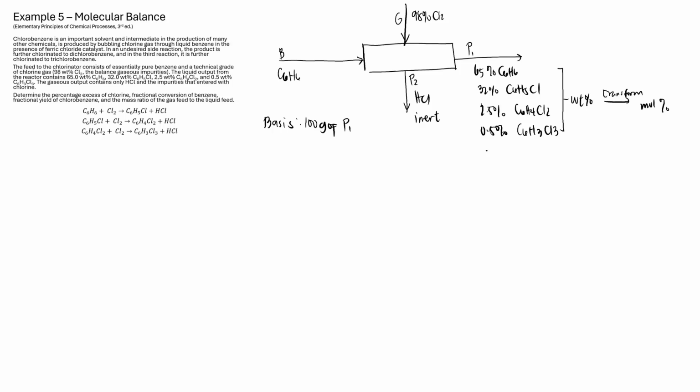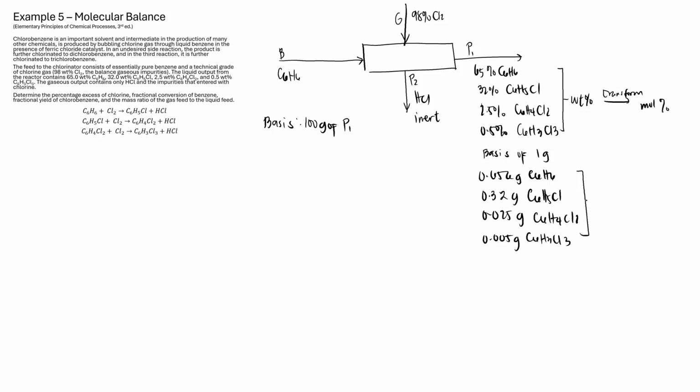So for the transformation, let's assume a basis of 1 gram. Okay, so that means there's 0.65 grams of C6H6, 0.32 grams of C6H5Cl, 0.025 grams of C6H4Cl2, and 0.005 grams of C6H3Cl3.